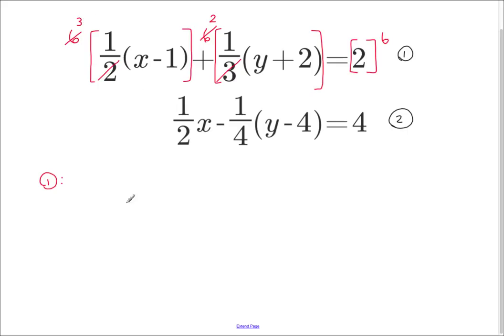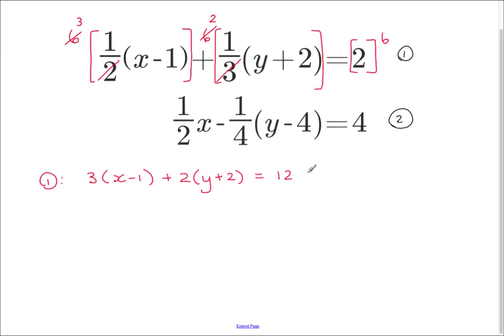So 3 times 1 gives me 3, and then I have this bracket, x minus 1. And over here, 2 times 1 gives me 2, so I have to go plus 2, and then I have this bracket still. We're going to deal with that in the next step. And then on the other side, 2 times 6 is 12.